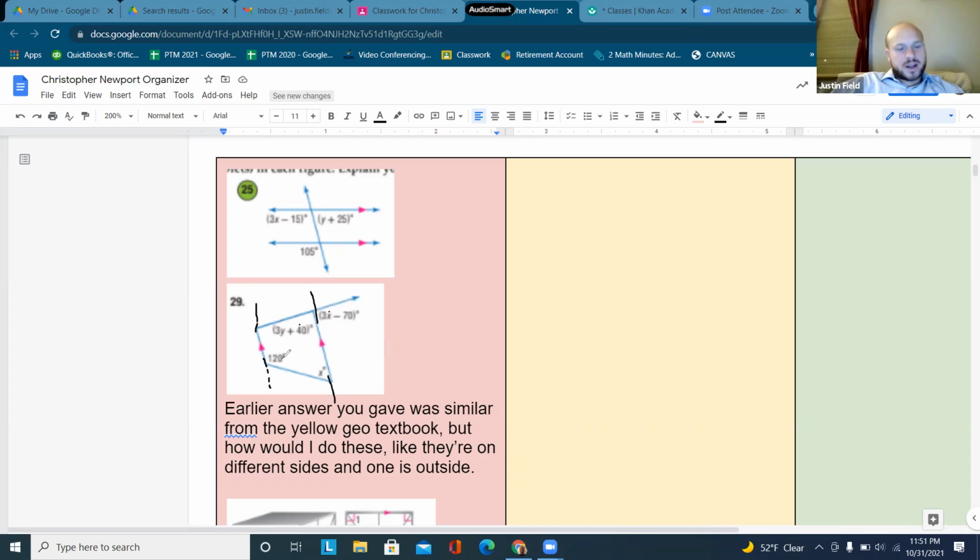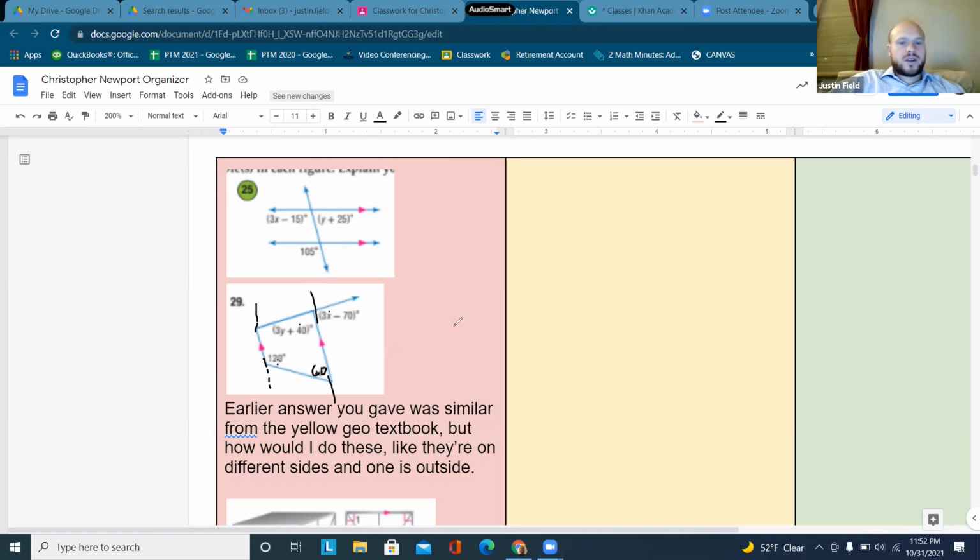I'm tired. All right, so right here and here, are these not same side interior angles? So that's 120, so this must be 60. And then 60, and then these are also same side interior angles.